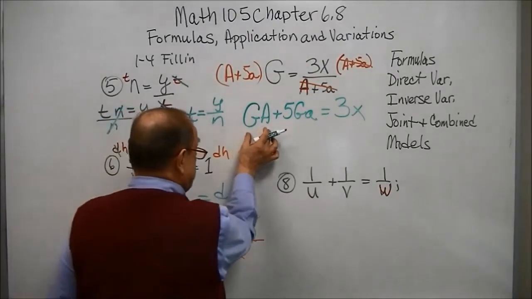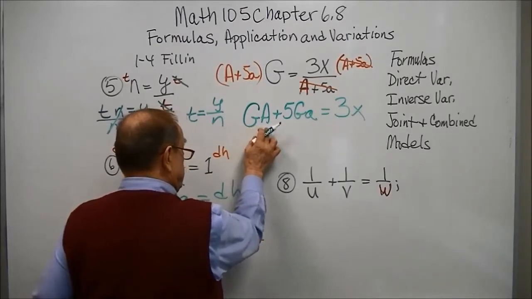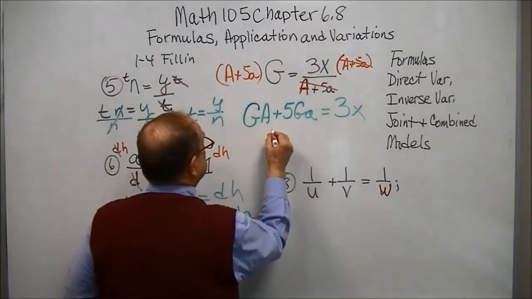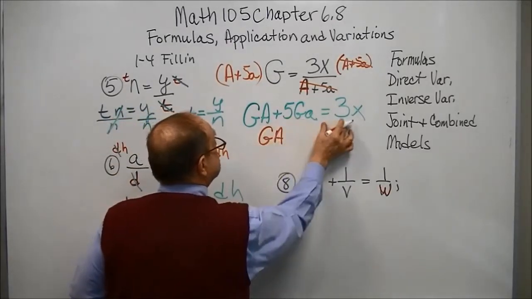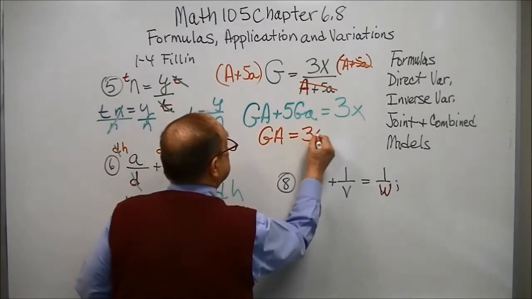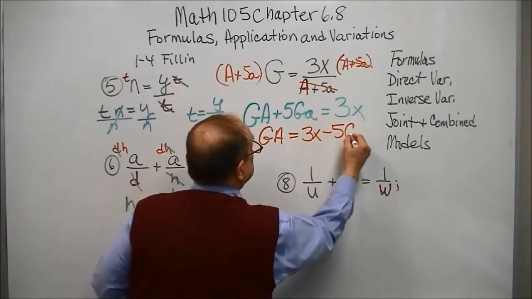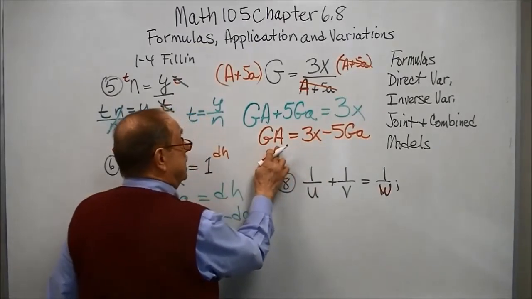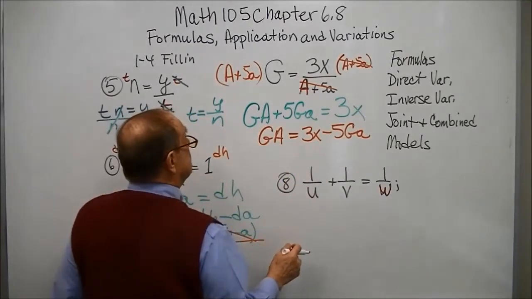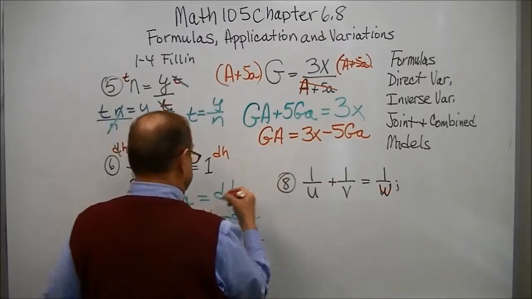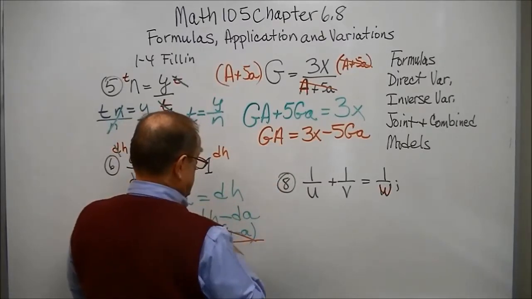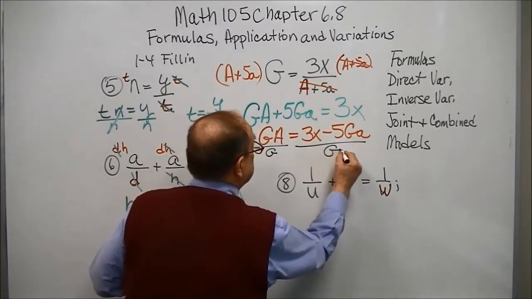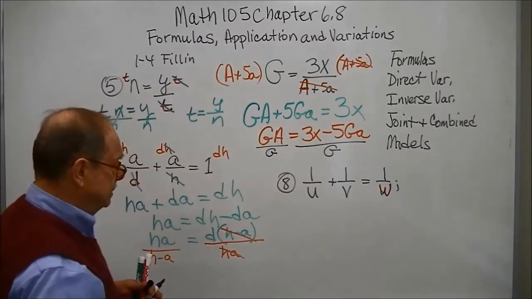Now again, I want to isolate the a term, the a factor here. So I'm going to transpose this to the other side. And here it's critical to watch that this is a lowercase a, this is a capital A, not to get them mixed up. And we want to isolate that a, so we're going to divide by g. And that would be one way.